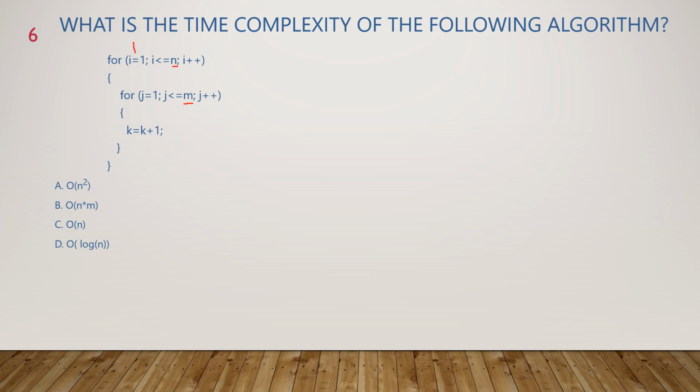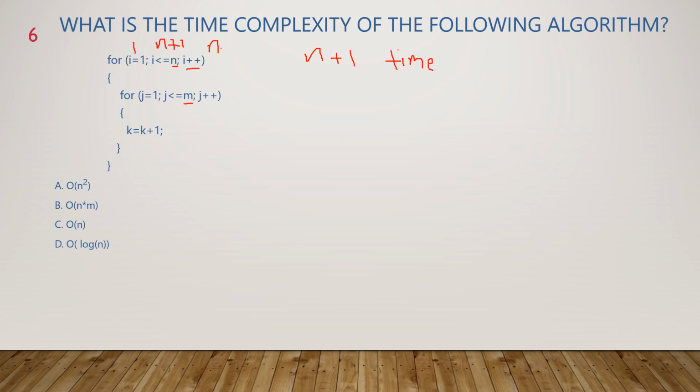Here the initialization operates 1, the condition is n plus 1, and this iterates n times. Based on this, the maximum time complexity of the outer loop is n plus 1 times.